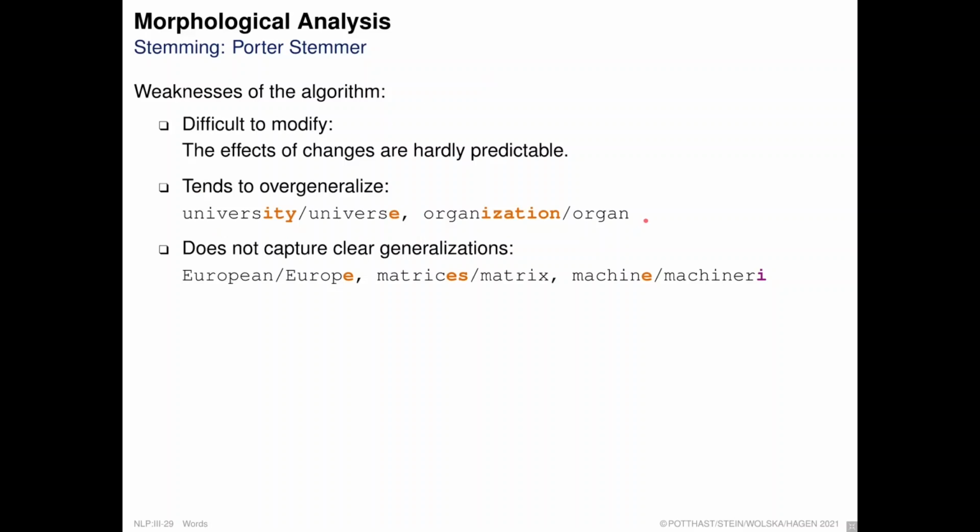Here are two other examples of overgeneralization. And it doesn't capture generalizations, of course, at all. The rules don't encode generalizations for the most part. So this results in these kinds of errors.